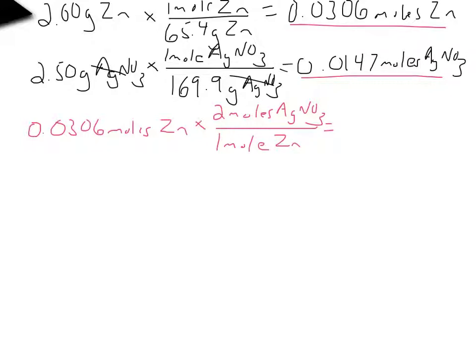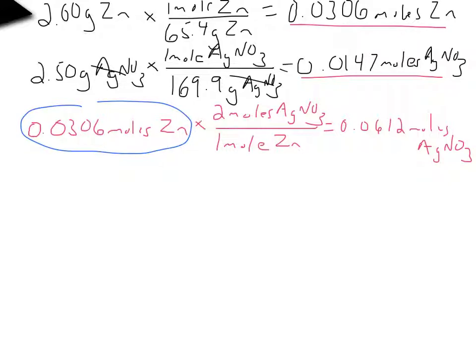So that tells us that we need 0.0612 moles of silver nitrate. Really that just says that we need that many moles of silver nitrate to react completely with that 0.0306 moles of zinc, that way we use up all the moles of zinc.